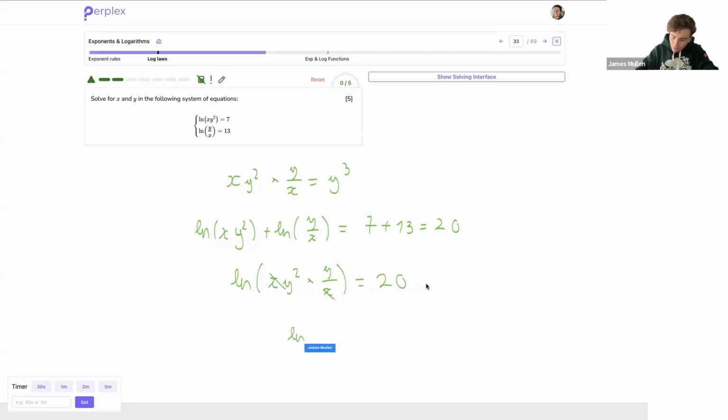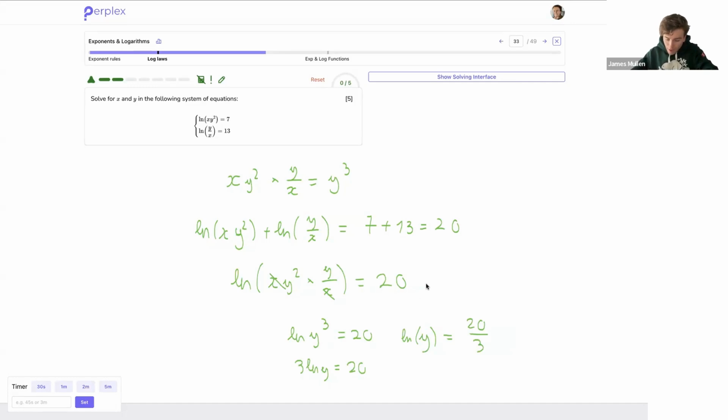So ln of y cubed is equal to 20, and ln of y cubed is 3 ln y, which makes ln of y equal to 20 over 3. Now let's take a moment to find what x is going to be based on that.